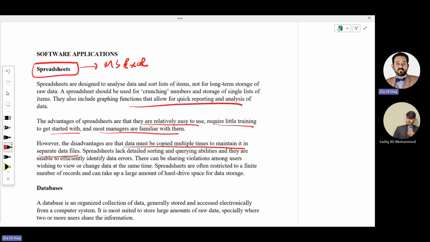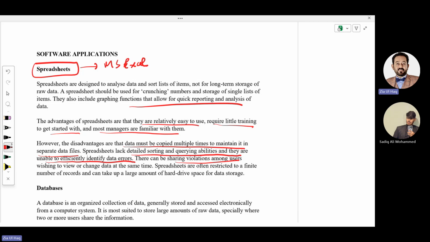Data cannot be transferred from one file to another. Spreadsheets lack detail, sorting and querying ability, and they are unable to effectively identify data errors. Like in Word, you can put in a word and it highlights all the words relating to that search. But in a spreadsheet, you cannot find data relating to a particular word like in Microsoft Word. So this is a disadvantage. There can also be sharing violations among users wishing to view or change data at the same time.